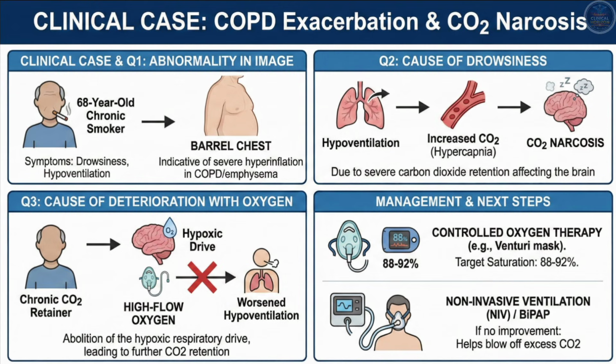Their primary stimulus to breathe has shifted to low oxygen levels, the so-called hypoxic drive. When the junior doctor gave high flow oxygen, they removed that hypoxic drive. The answer to write: abolition of the hypoxic respiratory drive, which leads to worsening hypoventilation and further dangerous retention of CO2.